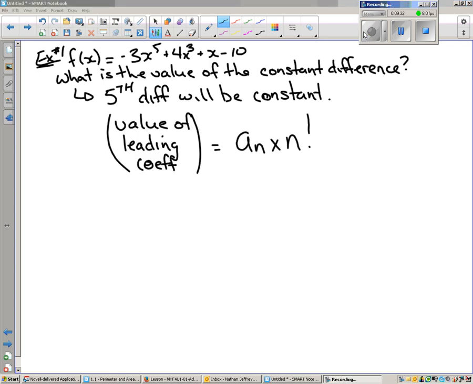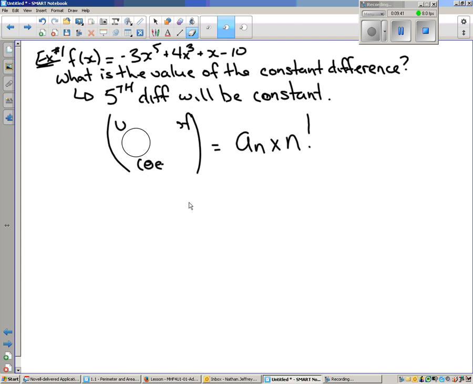To find it, we have to go back to our theorem, which tells us that the value of the constant difference is our leading coefficient times n factorial.